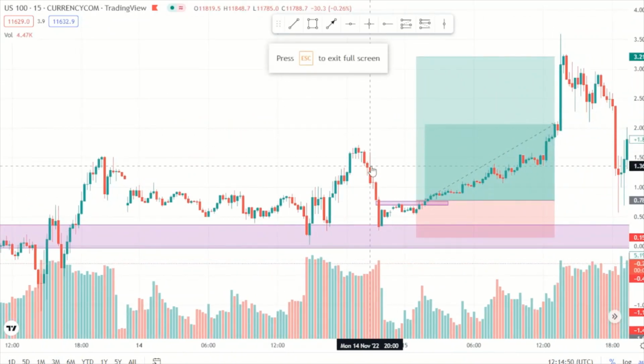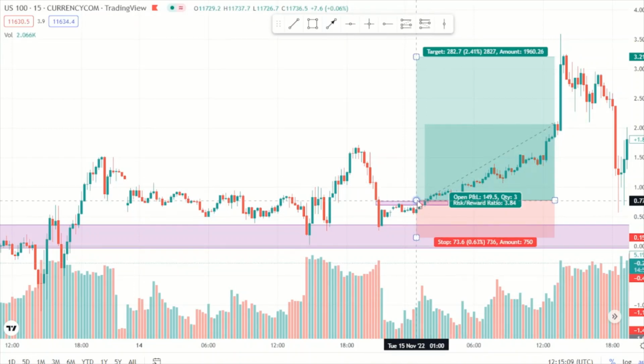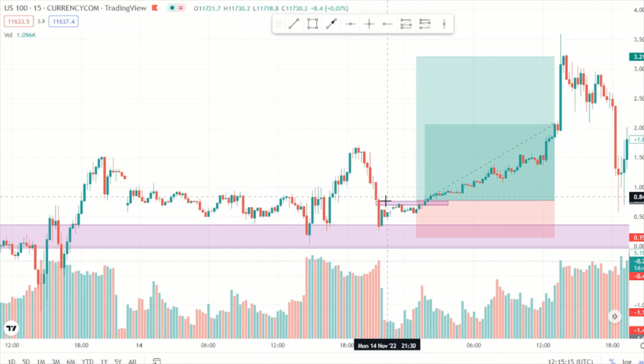So I made sure that the trend on the 15 minutes time frame was in line with the trend on the 1 hour time frame and the trend on the 4 hour time frame. As you can see, I just placed my buy stop above the key level because of the 15 minutes time frame.